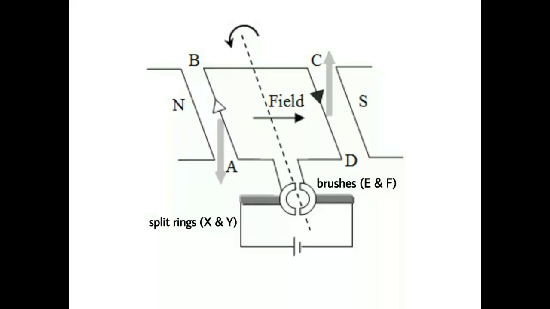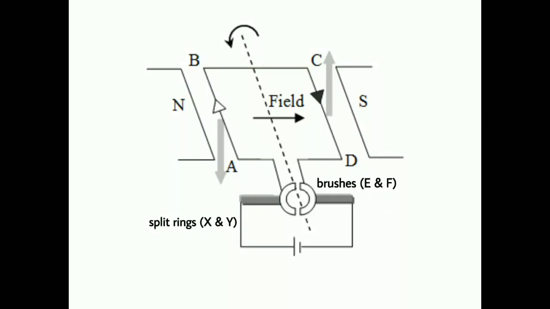After half rotation, the two halves of the split ring X and Y come in contact with the carbon brushes F and E, respectively, and the current in the loop starts flowing in the direction DCBA. Therefore, a force is exerted on the branch DC in the downward direction and on the branch BA in the upward direction, and the loop continues to rotate in the anti-clockwise direction.